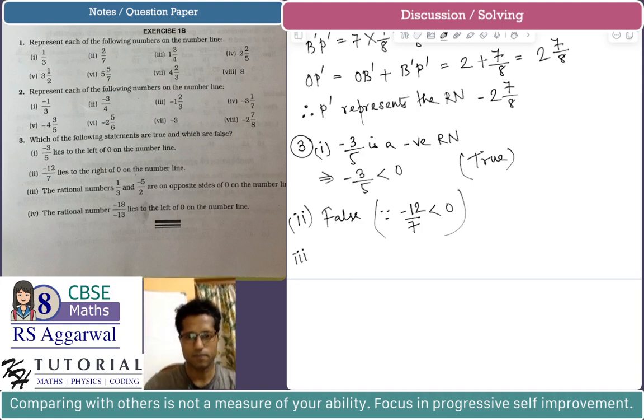Part 3 says the rational numbers 1 by 3 and minus 5 by 2 are on opposite sides of 0 on the number line. This is true.